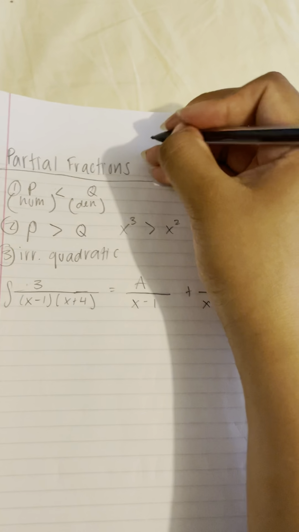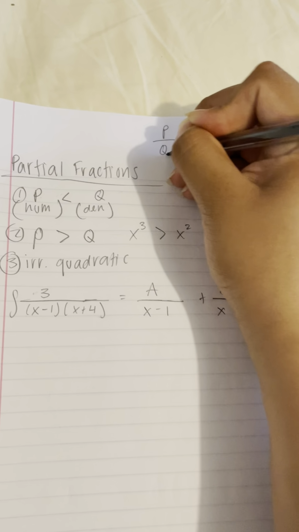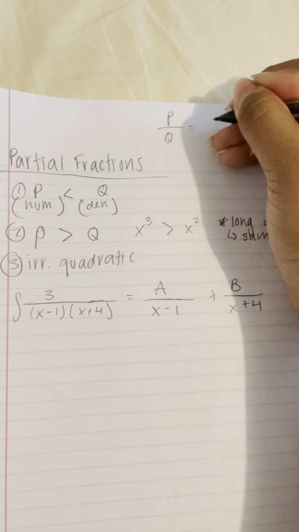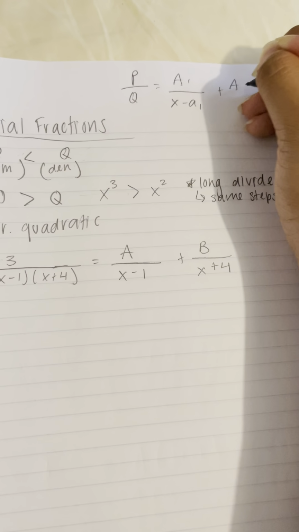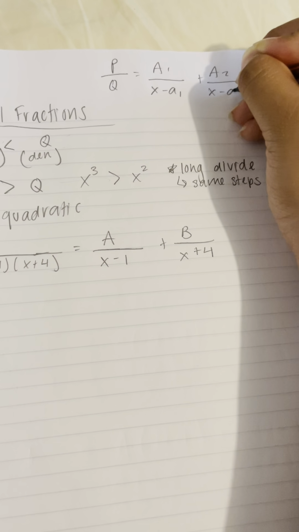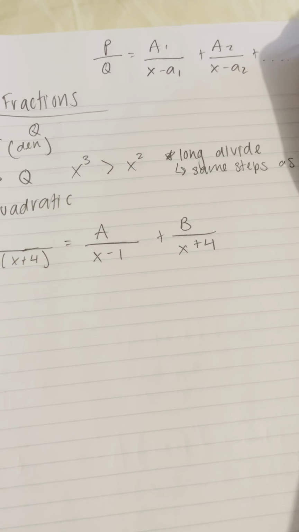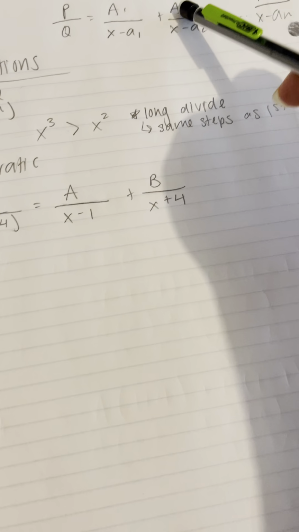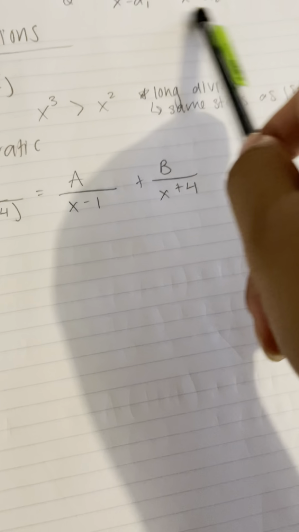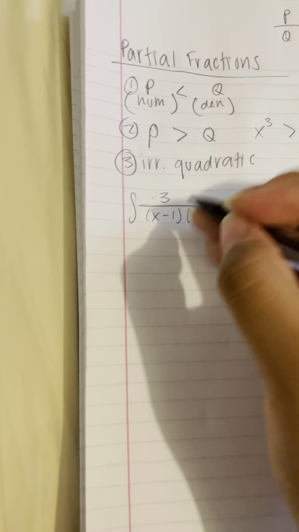In the notes, he writes it as A1 over x minus something, plus A2 over the next factor, plus dot dot dot until you don't have any more factored parts.